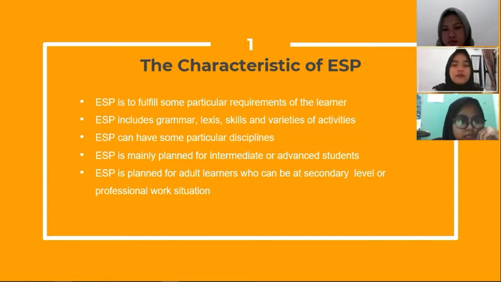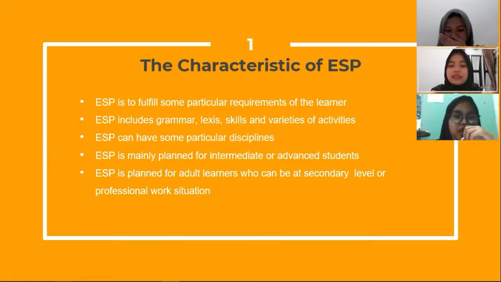ESP can have some particular disciplines, in ESP or English for Science and Technology. There are some disciplines that we have to know and learn before we start to learn ESP. Next, ESP is mainly plain for intermediate and advanced students because it is a specific English for specific purpose.